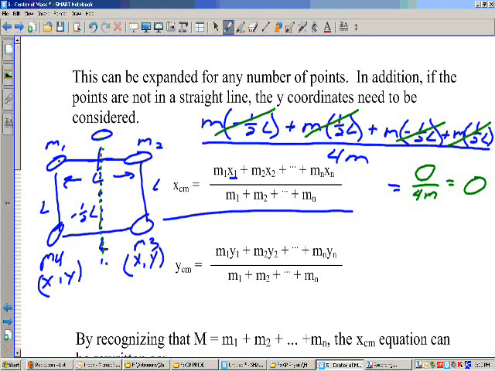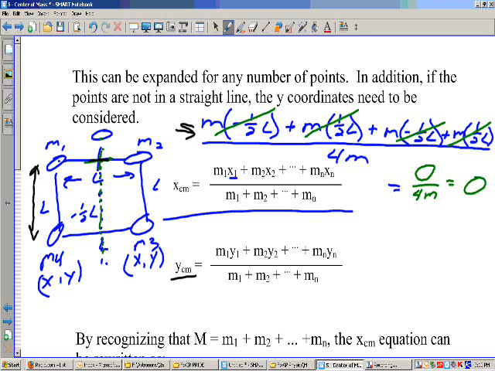Now we're going to look at the y-coordinate, and I'm going to keep my origin right here. I'm going to go through the same process with my y coordinate that I went through up here. The difference being I'm going to look at the y direction.